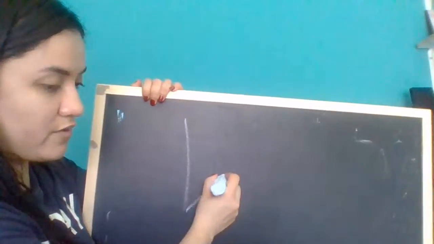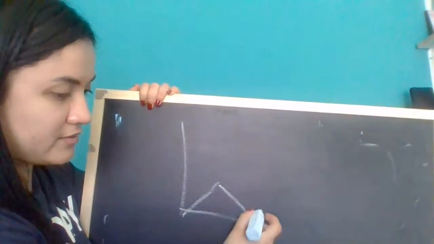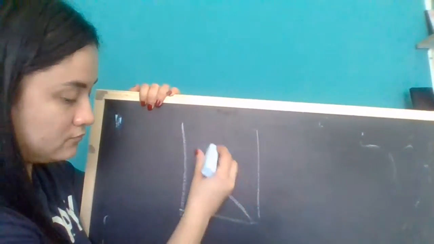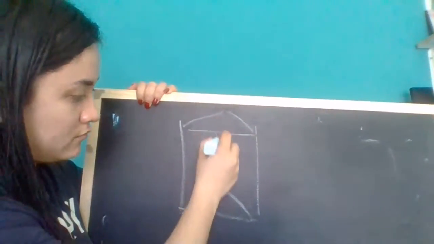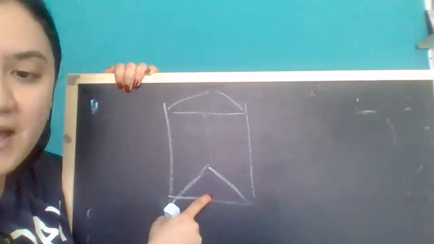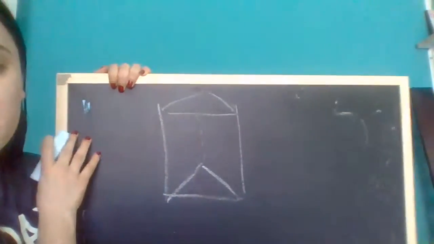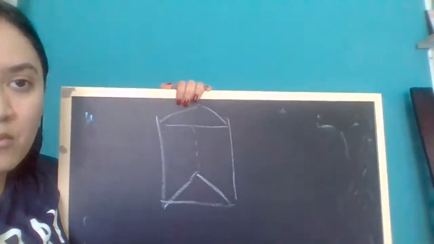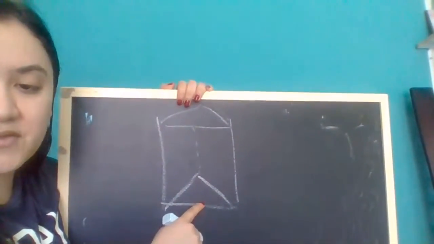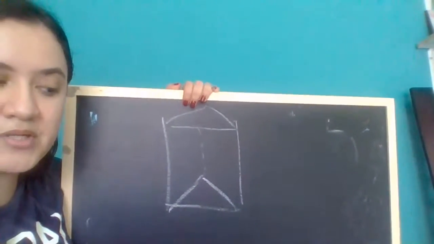So for example, the first prism that we have over there in the book, what shape does the base of this prism have? In English, Aome, not Spanish. What type of shape does the base of this prism have?